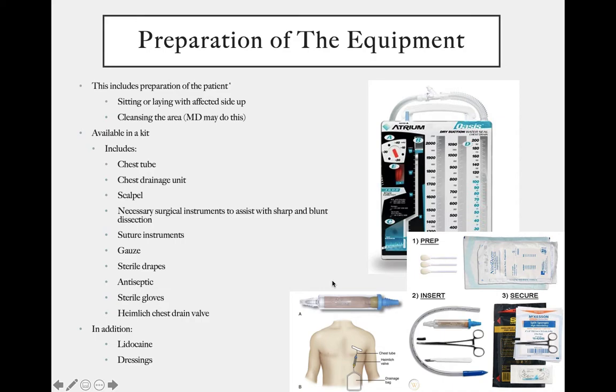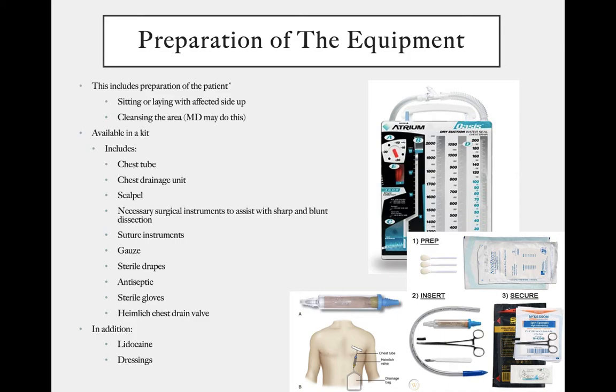These are used for patients who have a small pneumothorax that will use this instead, and it will just have a drainage collection bag on the end to collect any fluids or air. Lastly, we'll have some lidocaine for a local anesthetic, and then a dressing.